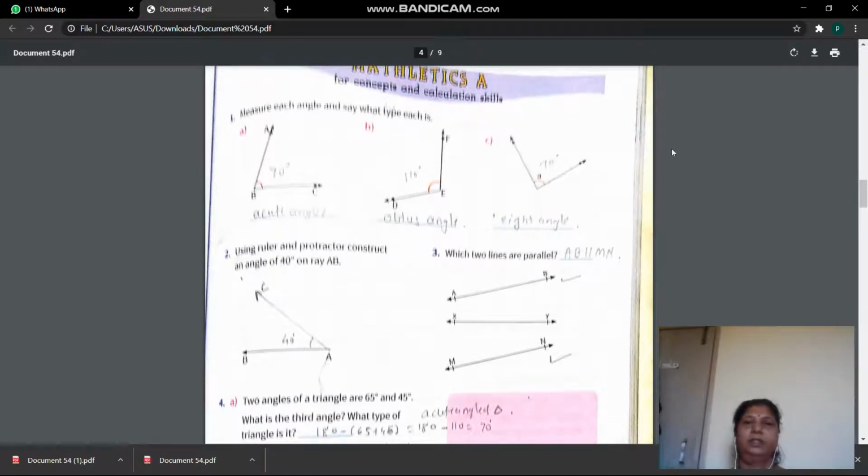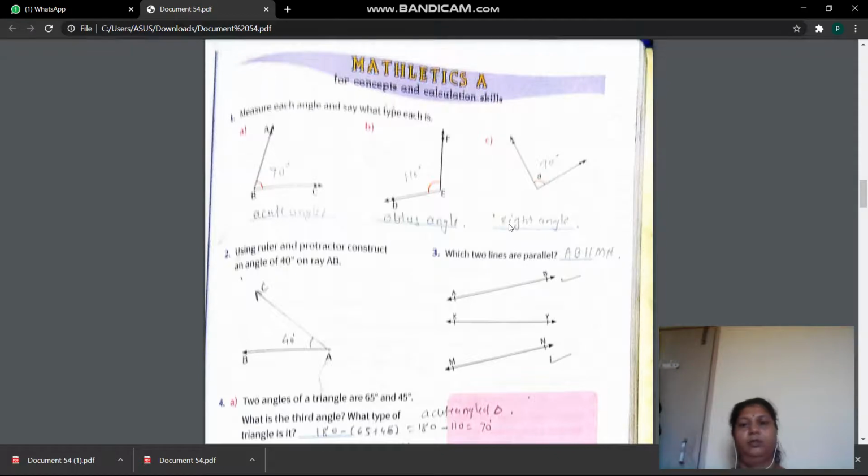So this we have to start now. We have completed all the notes. You have to write all these notes in your CW copy. Okay. Now we will start solving Mathematics A. You have to solve Mathematics A only in the book. I will repeat again. You have to solve Mathematics A only in the book.